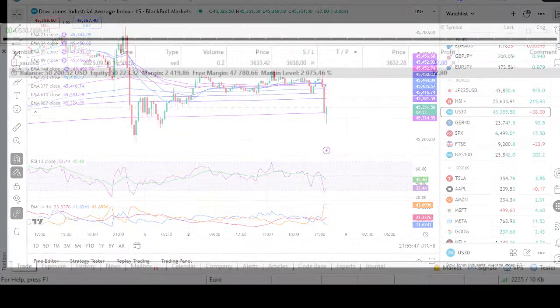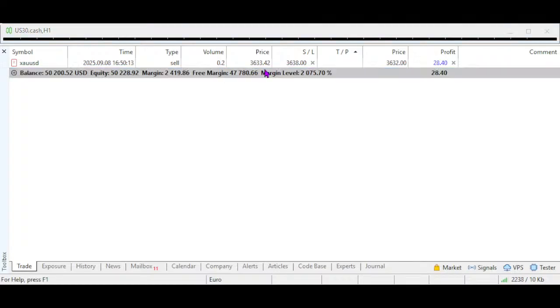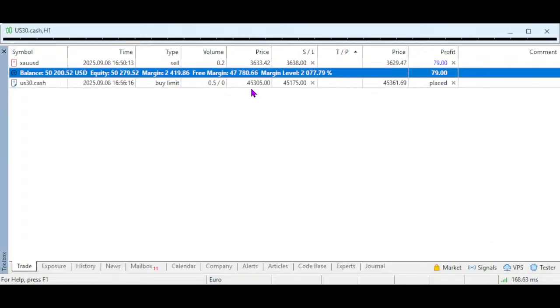So now I've decided I don't want to enter at market, and I want to go for a buy at half lot at 305, stop 175. The TP I'll give you later.